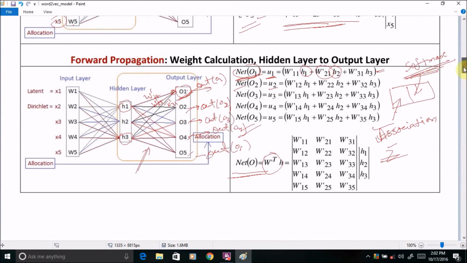We use this calculated error and backpropagation to correct the weights of all the neurons between the hidden layer and output layer, and between the input layer and hidden layer.